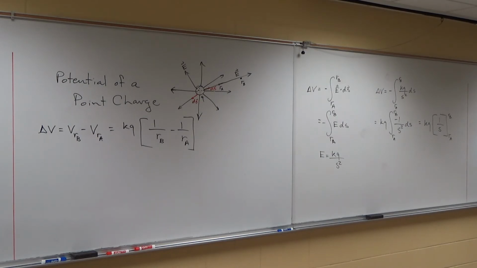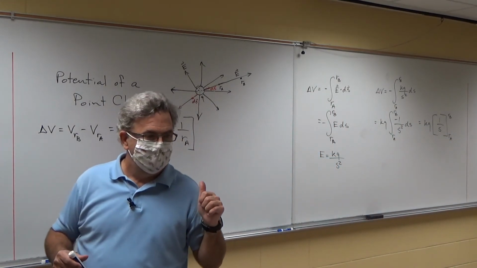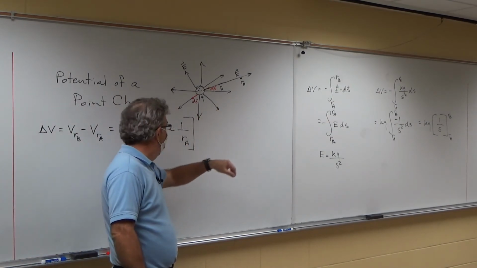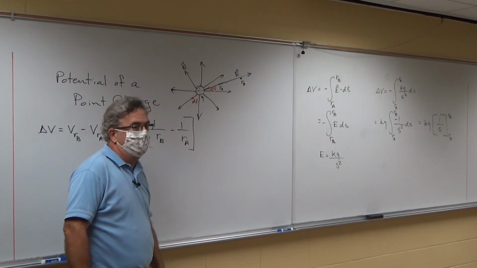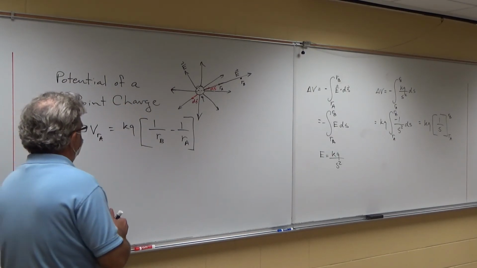Okay? That's what we're going to do. We're going to let the potential go to 0 as the radius or the distance goes to infinity. And it doesn't matter which one of these I take to infinity. You'll see in a second.